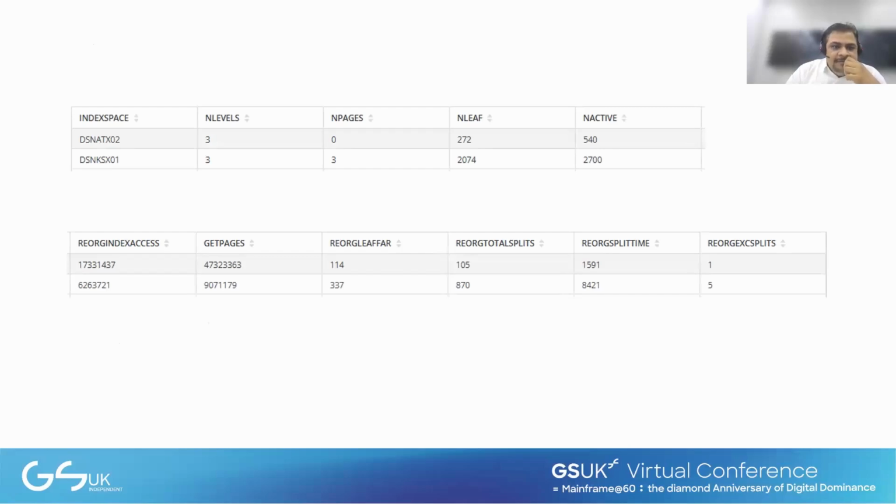These were already there: NLEVELS, NPAGES, number of leaf pages, active leaf pages, and getpages after last reorg. Now you also have how many splits have happened since the last reorg, how much time they have taken in milliseconds, and how many exceptional splits have happened.